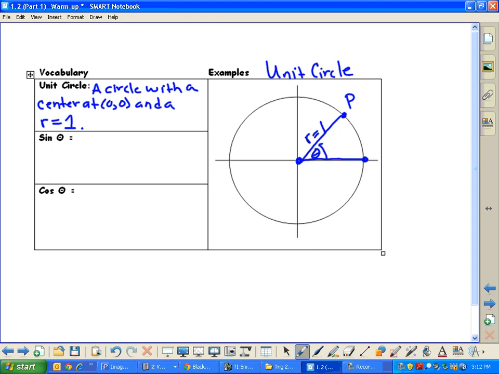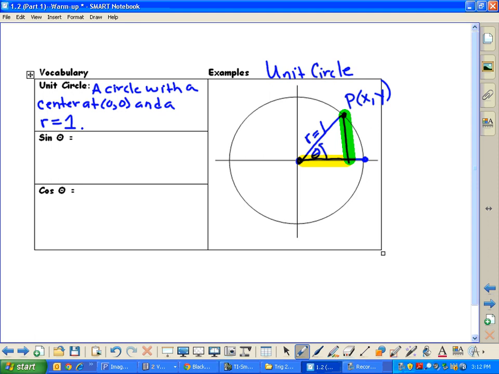I wanted to talk about what that point P should be. Essentially, to get to any point, you have to travel across a certain distance and up a certain distance. If we call a point (x, y), that coordinate tells us how to get to that point.